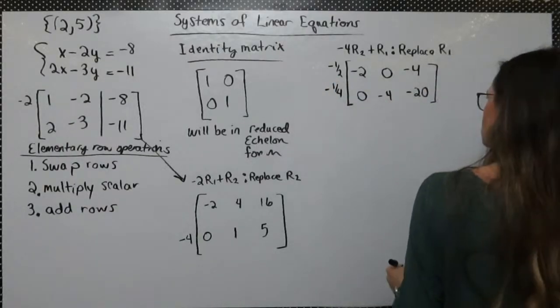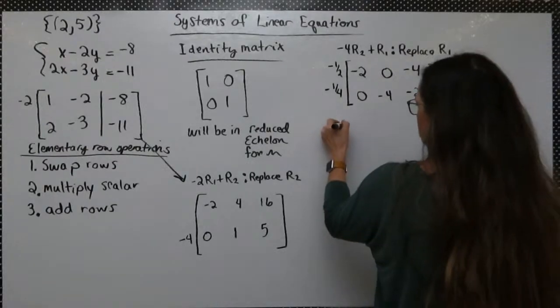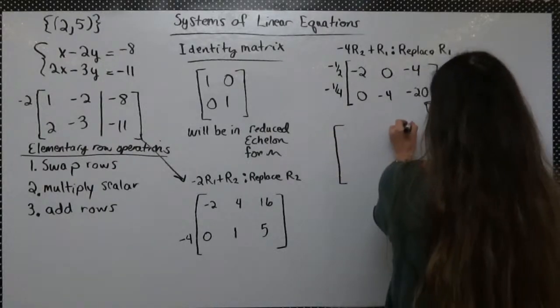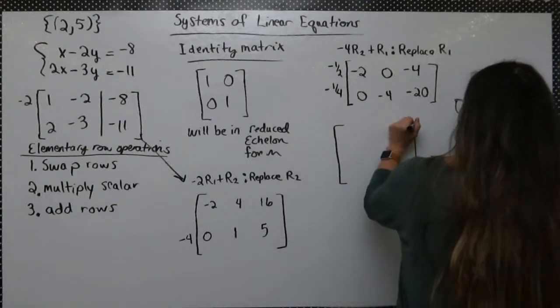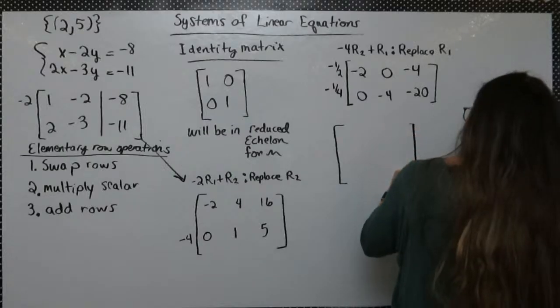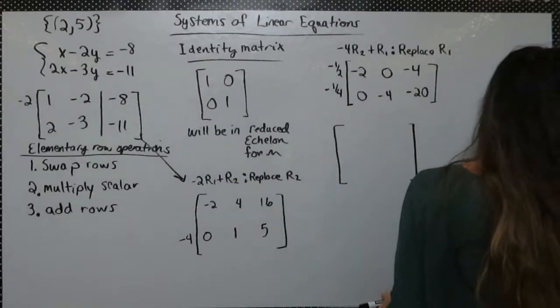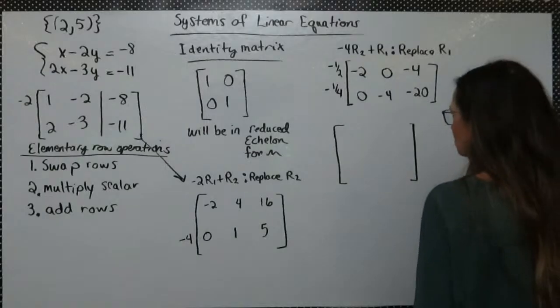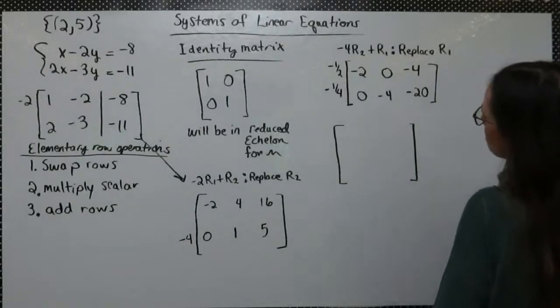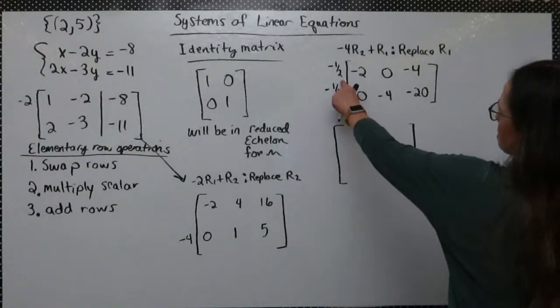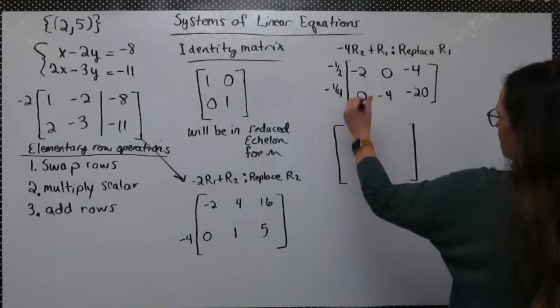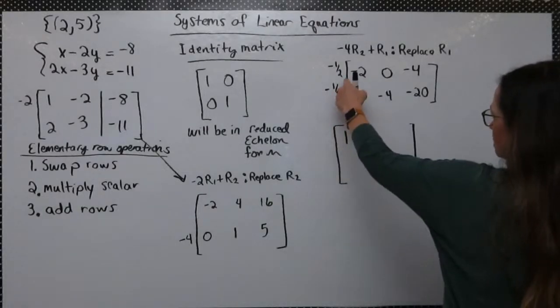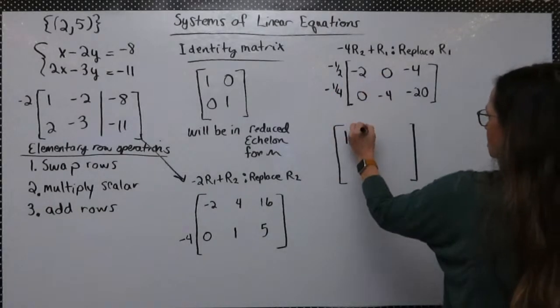And so when I do that, just write our new matrix here. I'm used to writing those big matrices. I'll practice this a couple times with a 2x2 and then maybe try a 3x3 if I have time tomorrow. So we've got -1/2 times -2 is 1. -1/2 times 0 is 0.